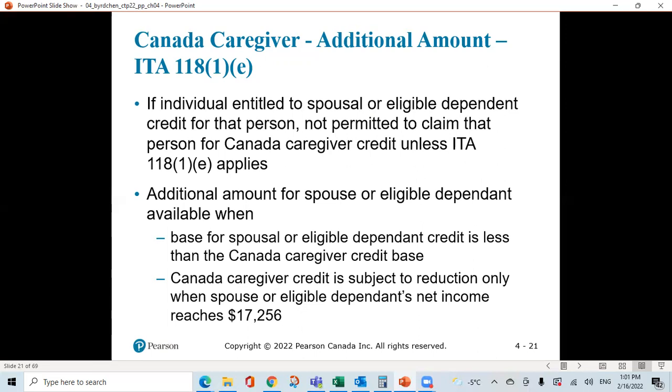This additional amount is equal to the excess of the Canada Caregiver amount for the spouse or eligible dependent over the basic spouse or eligible dependent credit. We'll see the examples for a better understanding.